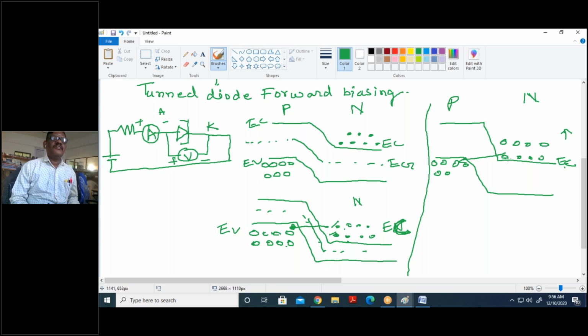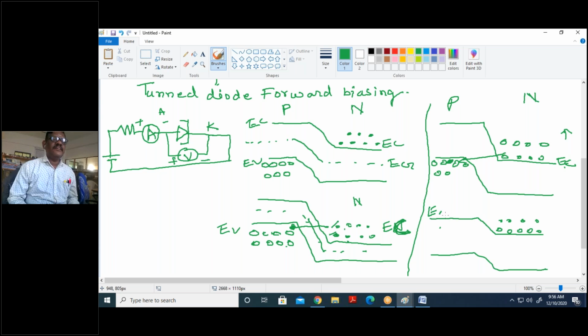Now here only few electrons tunnel into the P layer. If you want applied more than 0.1 volts, quite here valency conduction band opposite side has empty energy gap.